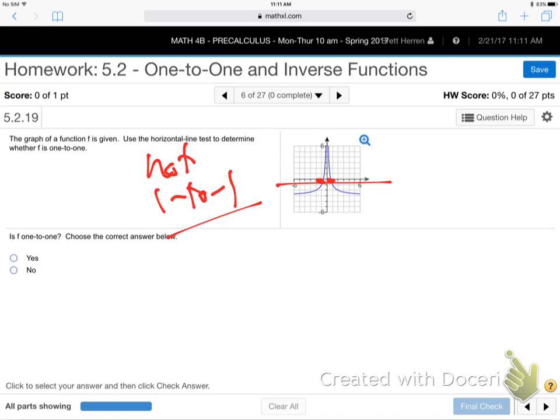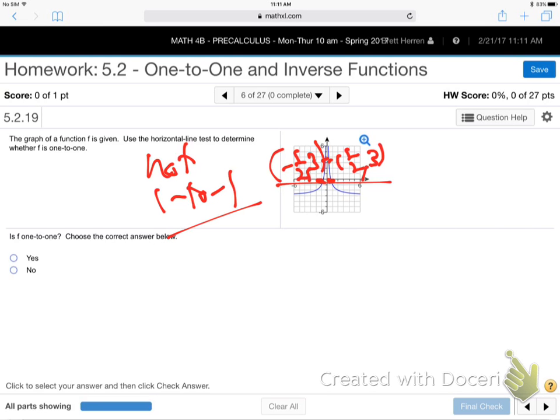You can tell, when you fail the horizontal line test, it looks like this is the point, over a half up 3 and back a half up 3. Whatever, they're both up 3, aren't they? They're both at the same horizontal level. And they're different x values, so it's not 1 to 1. When you fail the horizontal line test, you're not 1 to 1. So it's not 1 to 1, which means it's not going to have an inverse.